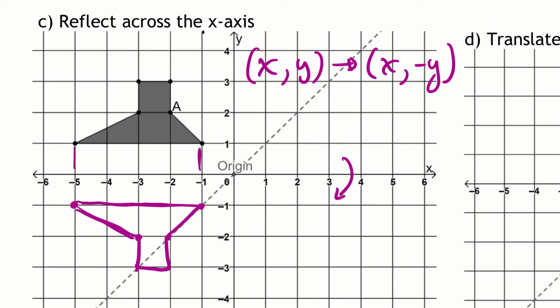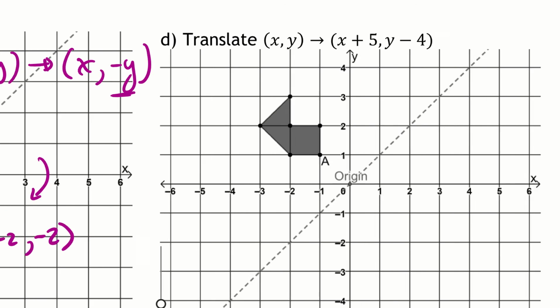This point A, you were supposed to list the coordinates of the new A prime, so A prime is going to go to the point (-2, -2), and before it was at (-2, 2). So what I literally did was take the opposite of the y value.